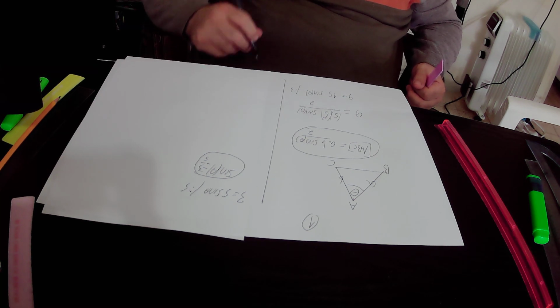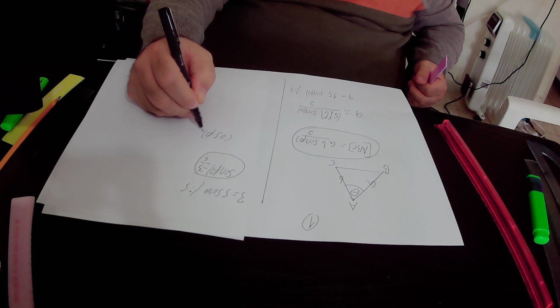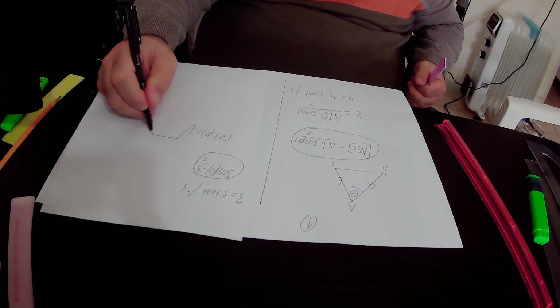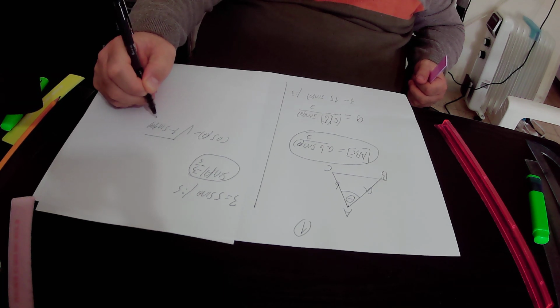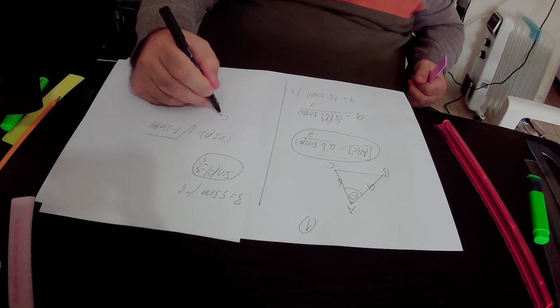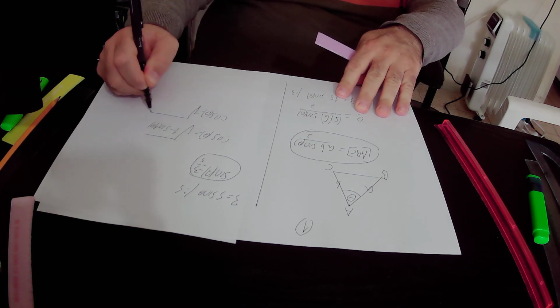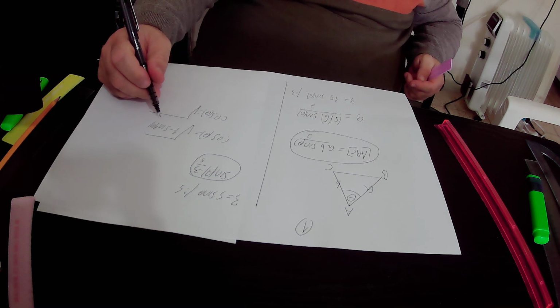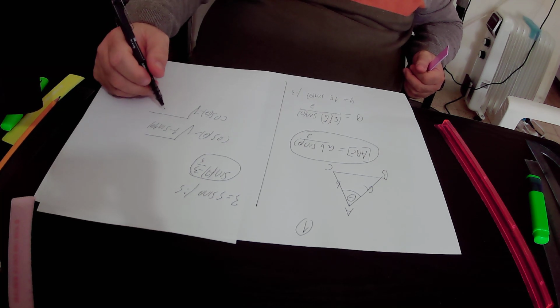We have the trigonometric identity that cosine theta equals the square root of 1 minus sine squared theta. If sine theta equals 3 over 5, then sine squared theta is 3 over 5 squared, that is 9 over 25.